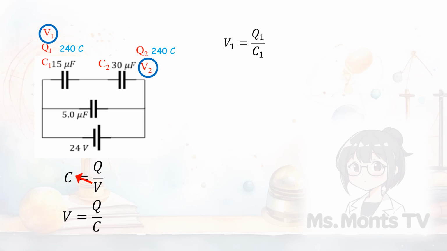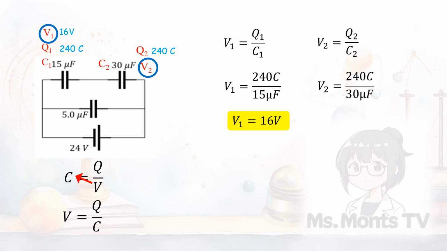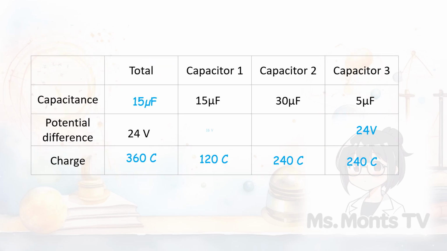So V1 equals Q1 over C1, is 240 coulomb divided by 15 microfarad, that is 16 volts. And V2 equals 240 coulomb divided by 30 microfarad, 8 volts. So let's fill it up, 16 volts and 8 volts.